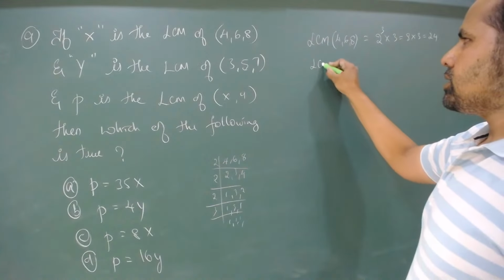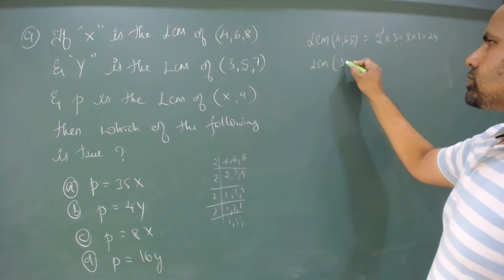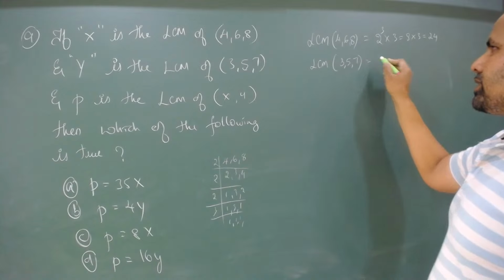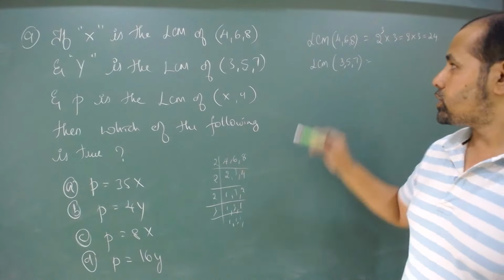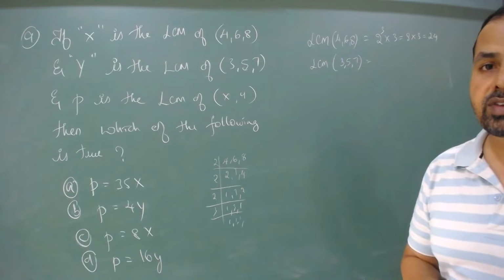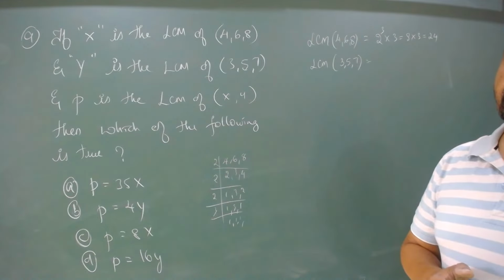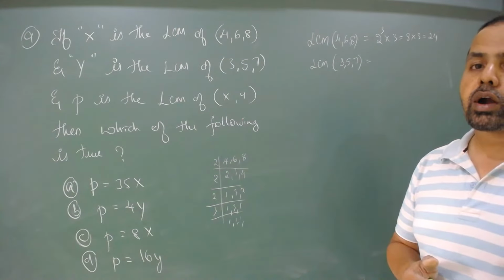Same way, LCM of 3, 5, 7. You very well know that 3, 5, 7 are co-prime numbers. They don't have any common factor. So the LCM of co-prime numbers will always be the product of the numbers.